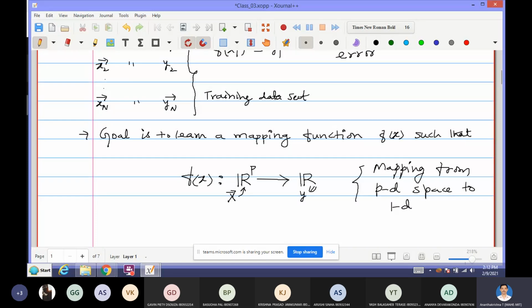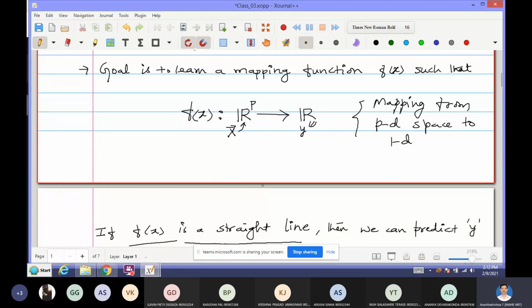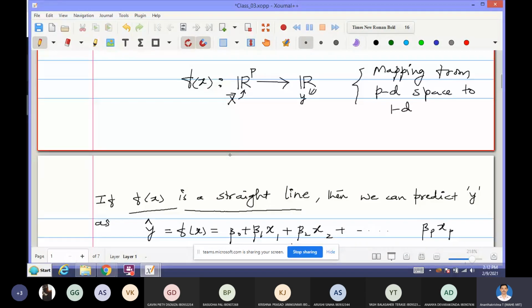Now for the time being, we consider one possible form of f of x, which is linear, in which case it results in a linear regression. The mapping f of x is from p-dimensional to one-dimensional, and this mapping function can take any form, and one such form is this.